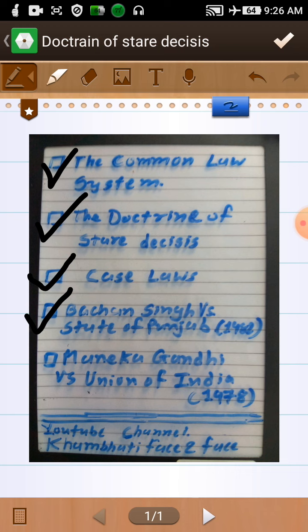If the rule was followed blindly and mechanically, it would dwarf and stultify the growth of the law and affect its capacity to adjust itself to the changing needs of society. Cardozo also was of the above opinion.